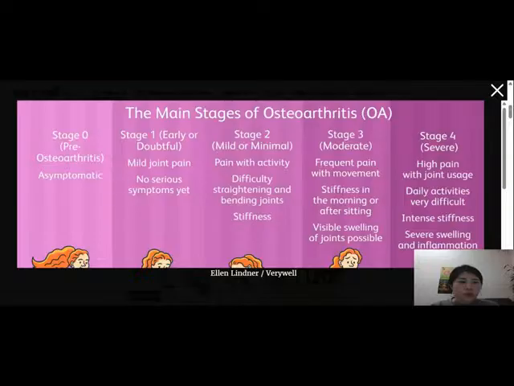In the third stage, the joint space is getting narrow, and there is pain during movement and possibly a sound from the joint. In the second and third stages, you will definitely feel more discomfort, more frequent pain with movement, and more stiffness in the morning.